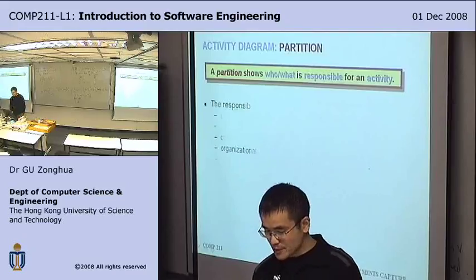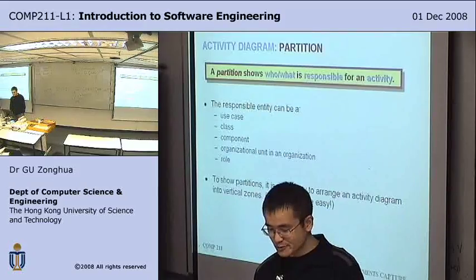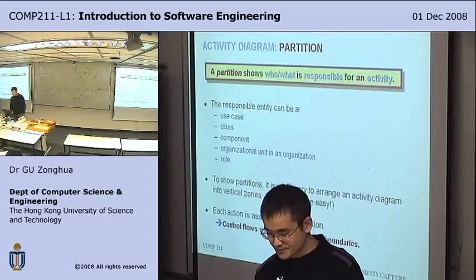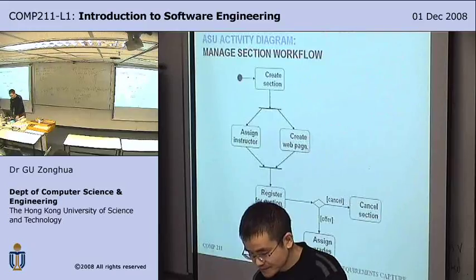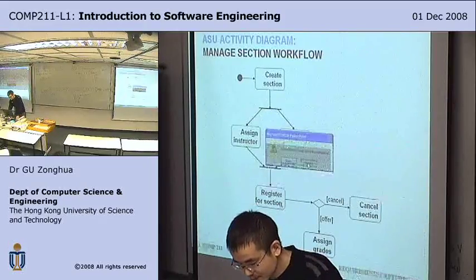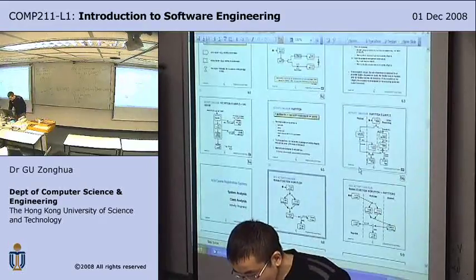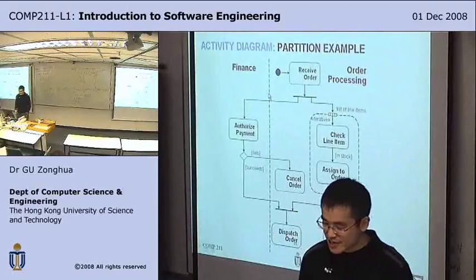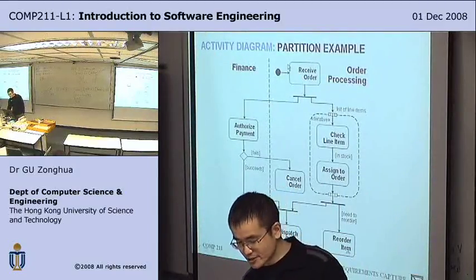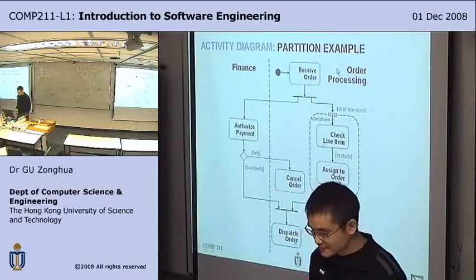So a partition shows who and what is responsible for an activity. Control flows across partition boundaries. For this example, you partition it into a finance department and an order processing department.